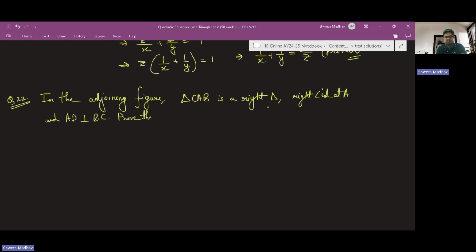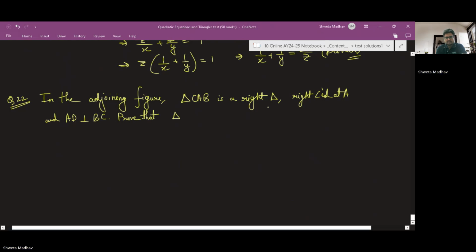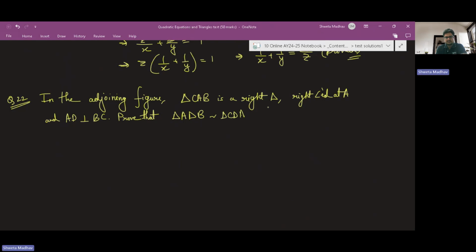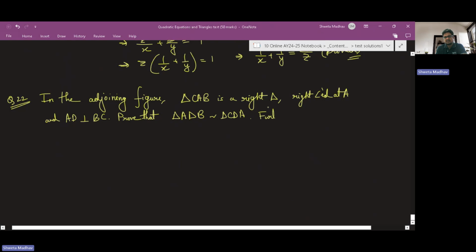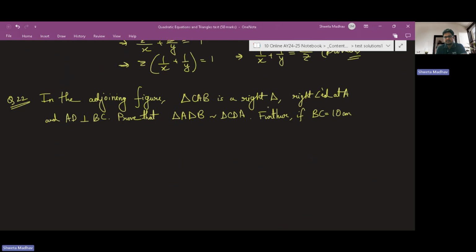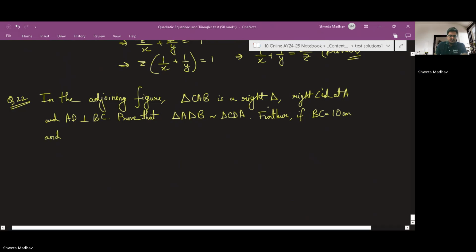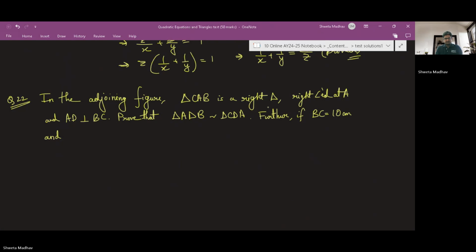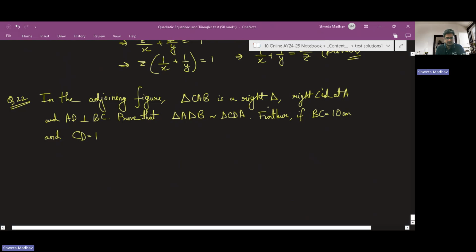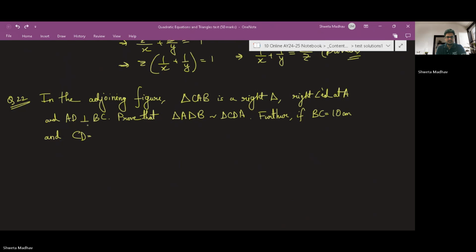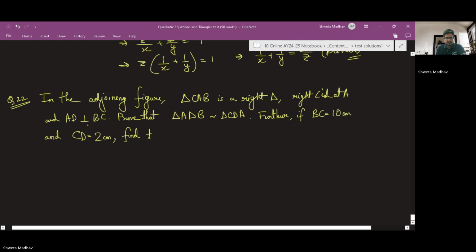Then prove that triangle ADB is similar to triangle CDA. Then further, if BC equals to 10 centimeters and CD equals to 2 centimeters, find the length of AD.